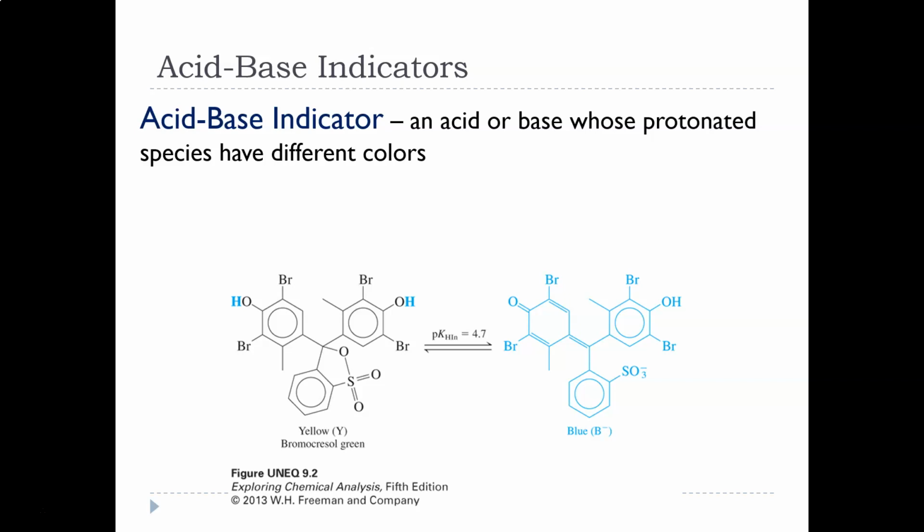Like bromocresol green, which we use with hydrochloric acid, sodium carbonate titrations, has a yellow form and a blue form. The yellow form is the acidic form. It's got extra hydrogens here. And the blue form is its conjugate base. So that's the weak acid, and this is the weak base version.